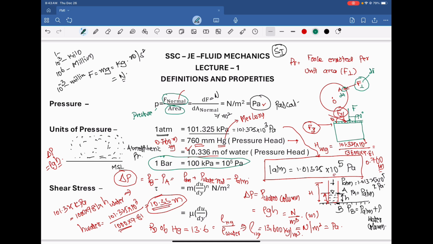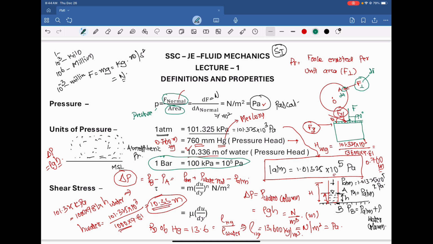Please try to understand the difference between them. 1 bar is another unit. 1 bar is equal to 100 kPa, that's equal to 10 to the power of 5 Pa. Whereas 1 atmospheric pressure is equal to 101.325 kPa. If in the examination, to confuse people, it is given that atmospheric pressure at a particular altitude is equal to 1 bar, you take it as 100 kPa. Don't take it as 101.325 kPa. Please differentiate between bar and atmosphere.